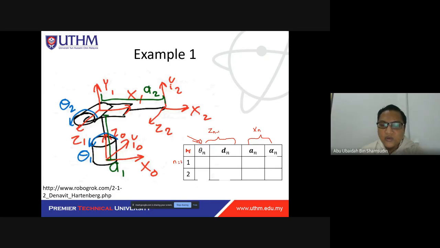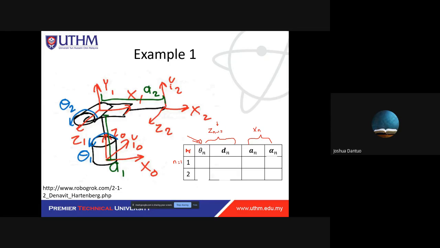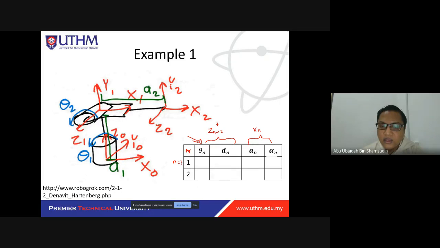If n is equal to 1, then z(n-1) becomes z0, and xn becomes x1. So the x1 and z0.